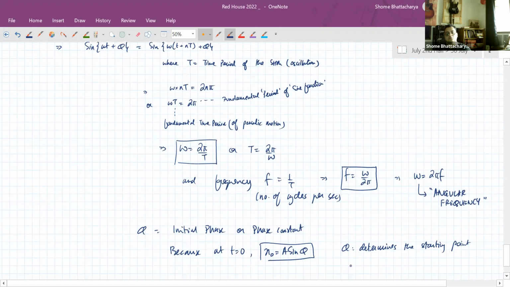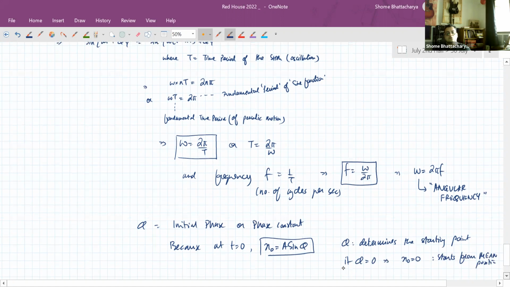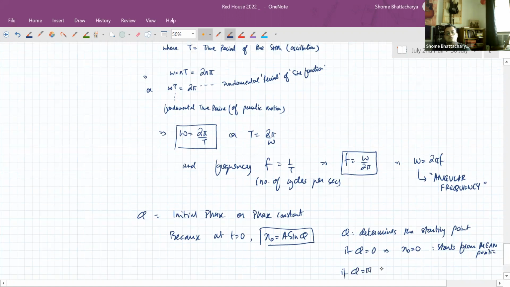For example, if phi is equal to 0, that means x naught is equal to 0. So it starts from the mean position. But if phi is equal to pi by 2, then x naught is equal to +A.